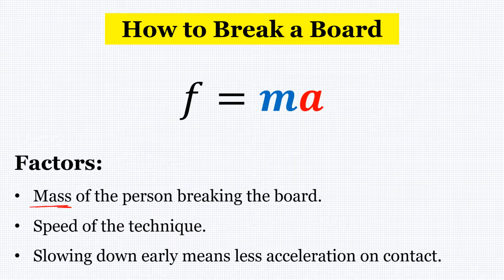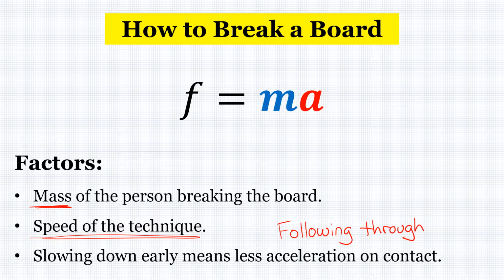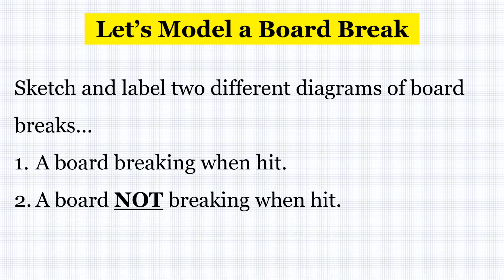We've got the mass of the person breaking the board, we've got the speed of the technique, and then a lot of people, when they go to break boards, for some weird reason, right before they hit the board, tend to slow down a little bit. So this is really just following through on the technique, continuing to hit it with everything you've got all the way through.